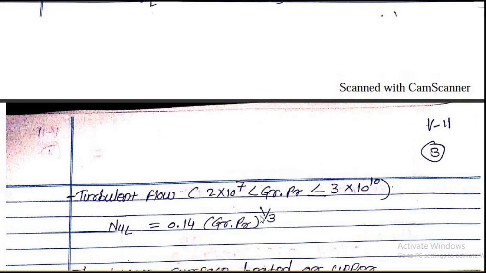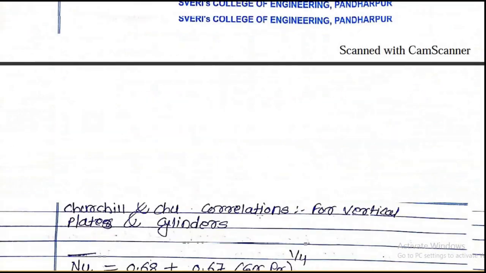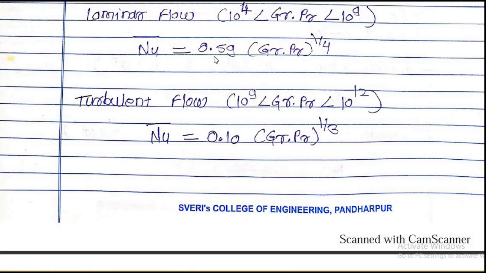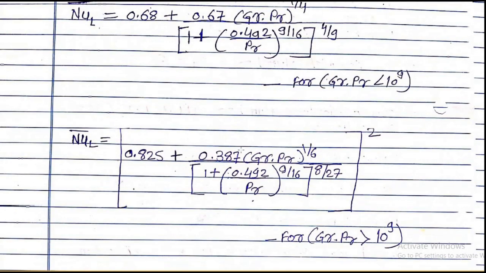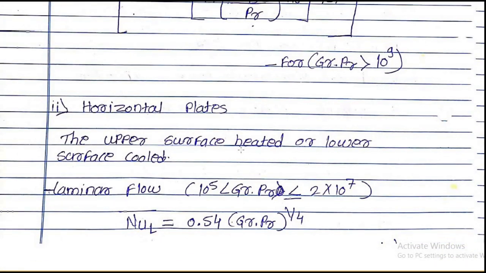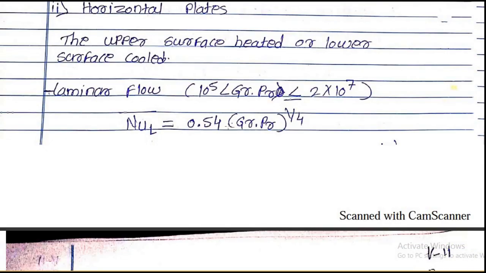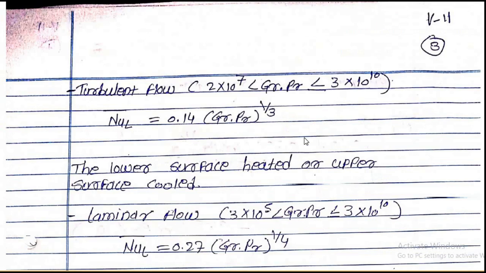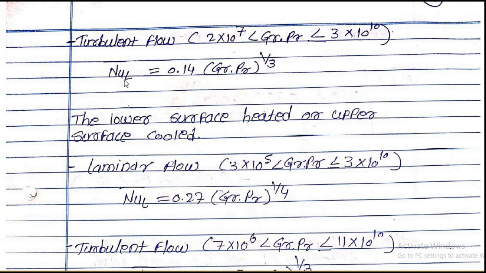Okay, if you observe the equations from the starting point, there are only two changes in the equation, that is, the multiplication factor and the raised to factor. So these two factors change in every correlation, so it will be easy to remember things. So here also you can see the multiplication factor and raised to factor, these two we have to remember.